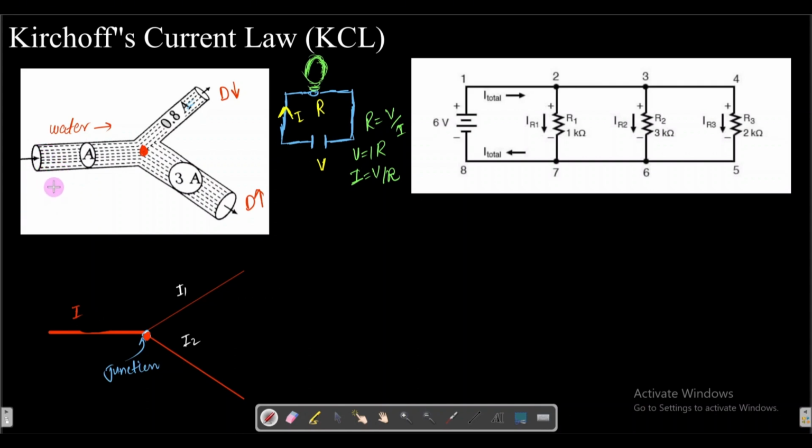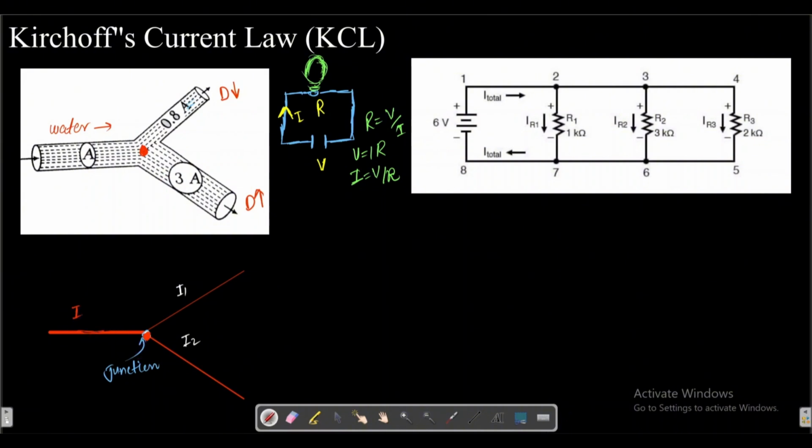So here, if these are the wires, this wire is connected to the other wires through this junction. The current in this wire going toward this junction will be equal to the sum of these two currents. So this is that diagram.